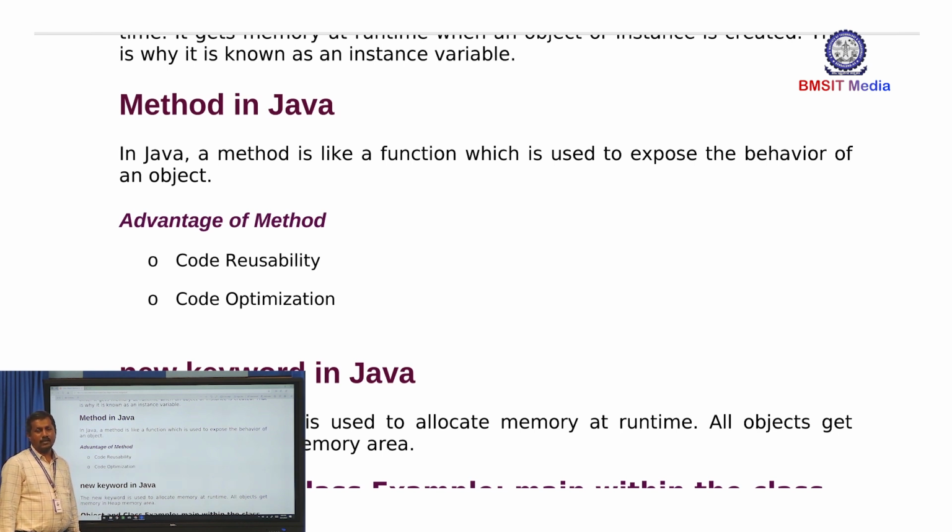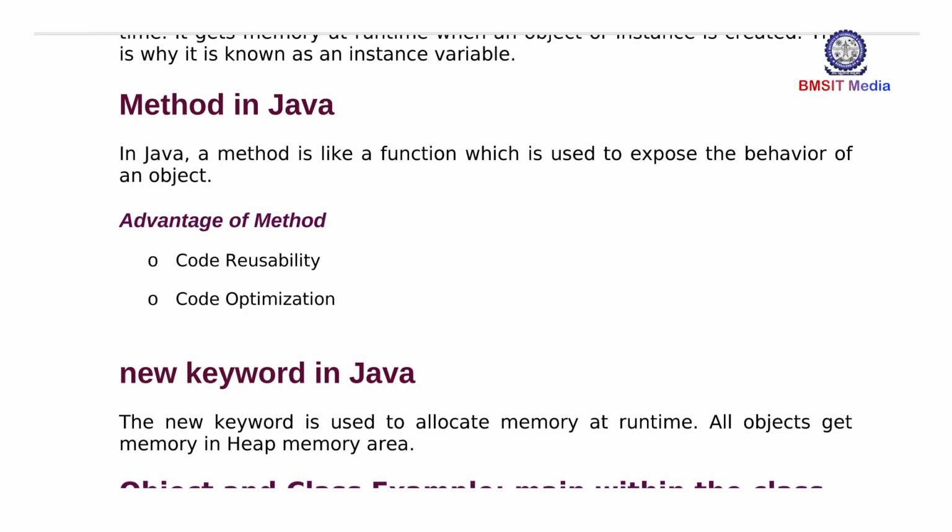I create a method, and the same method can be used for different objects. It does not mean that if you create different objects, you create different methods also. No, a single method can be used with different objects. The same code of the method is applicable for different objects.